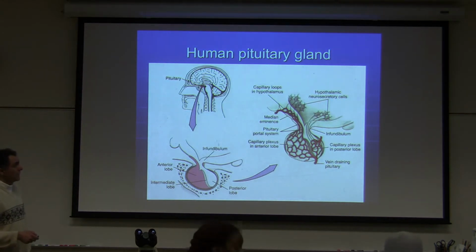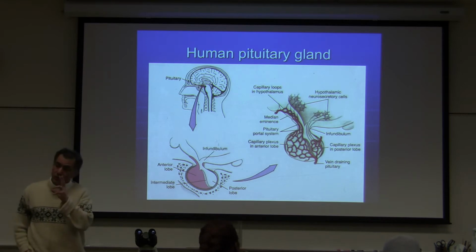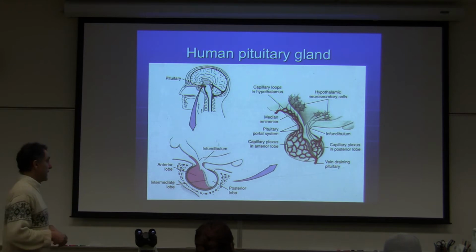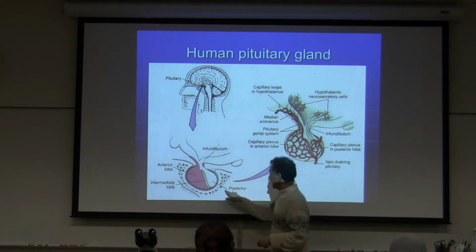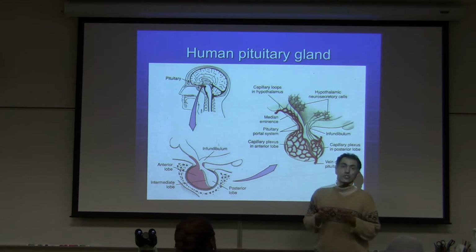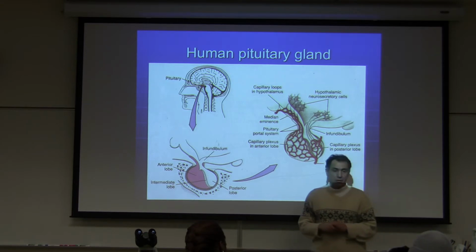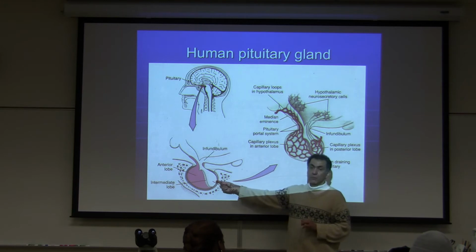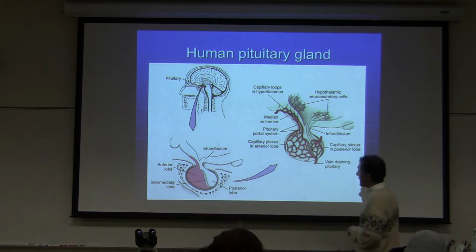So let's talk about your pituitary gland. It has 2 portions, the posterior and anterior. The posterior pituitary gland stores 2 hormones that are made in the hypothalamus. It actually does not make any hormones.